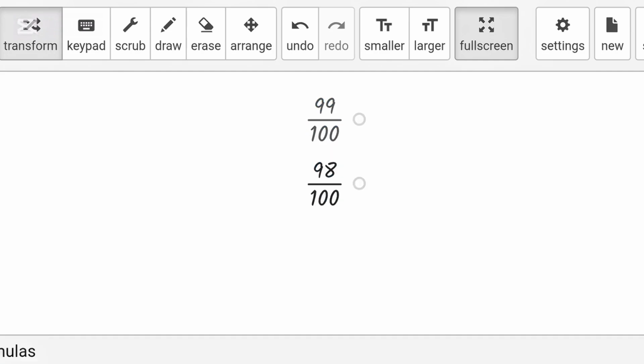Like this, we have a difference of 2. But what we don't notice is that we can reduce this to lowest terms: 49 over 50. It's a difference of 1 because 50 minus 49 is 1, which is that one right-handed percent. If it moved from 99 to 49, there is a difference of 50.